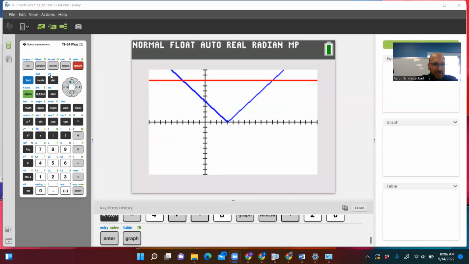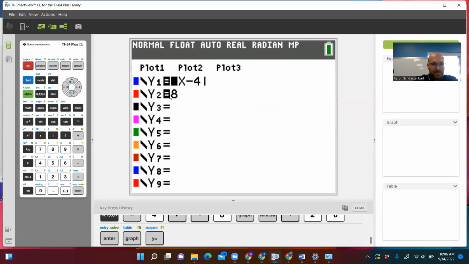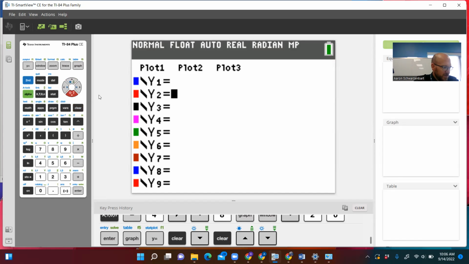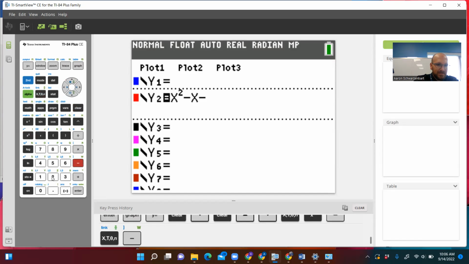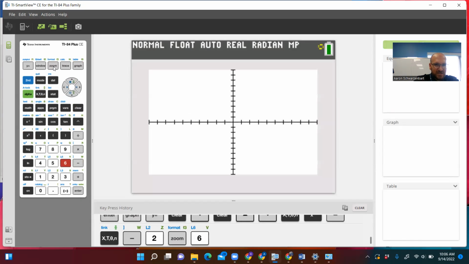We'll go and clear these out. It doesn't really matter which one. I'm going to put in y2 this time. X squared minus x minus 2. I often zoom to standard.